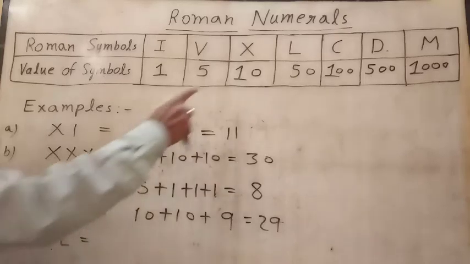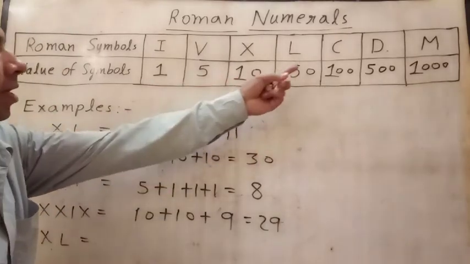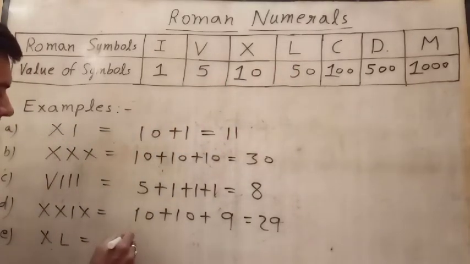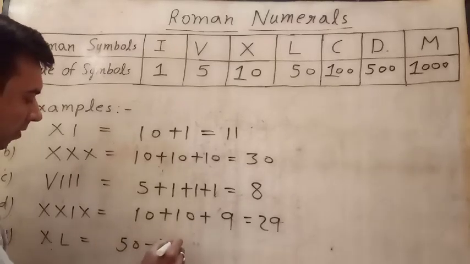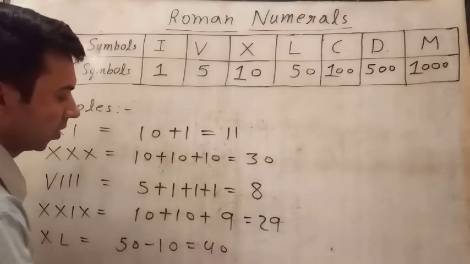XL. Clear? X is the smaller Roman numeral, L is greater, and X is written to the left hand side. So what we do? We subtract: 50 minus 10, 40.